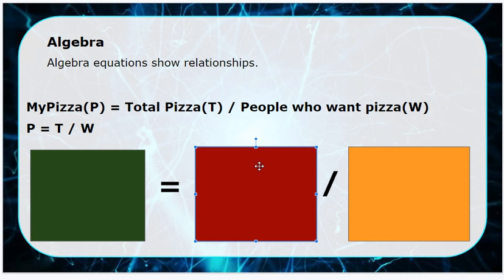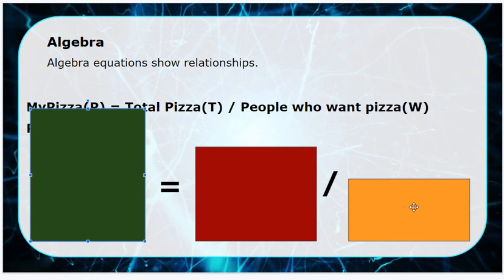But let's say that the number of people actually goes down. Okay, so you order your 10 pizzas, but then a couple people have to leave all of a sudden. Now the pizzas get there, and what does that do to your pizza? Well, that makes your pizza go up, right?